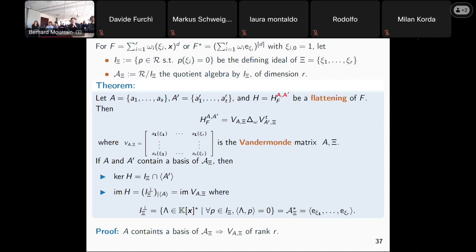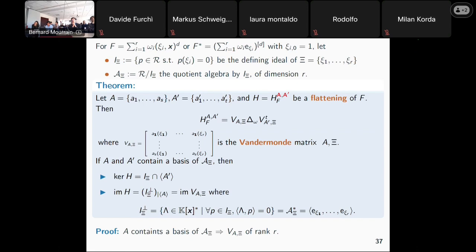So we have this decomposition we have seen already. So now what we can say about this matrix, when we assume that A is a set of monomials, for instance, contains the basis of the quotient.